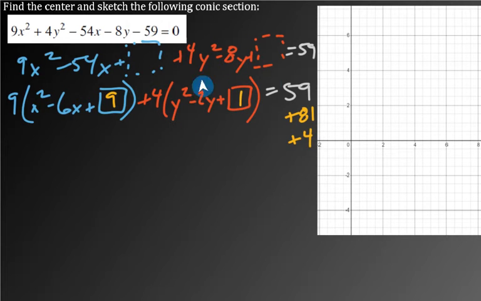This line is the same thing as what I started with, but it lets me factor into a perfect square. So x minus 3 and x minus 3 is how that factors. Then y minus 1 and y minus 1 is how that factors.